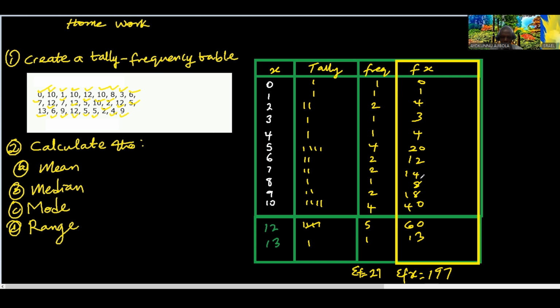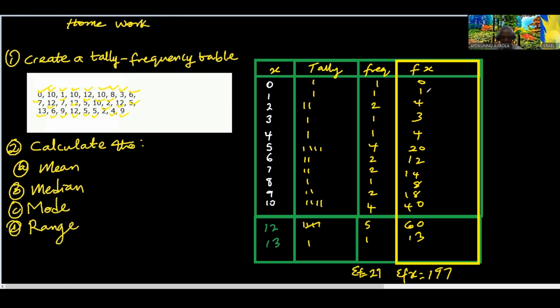Okay. 46 plus 8, that's 54, right? 54 plus 18, that's 72, plus 40, that's 112, plus 60, 172. Wait, I think this is giving me 185 now.